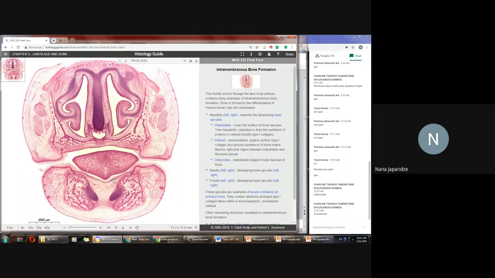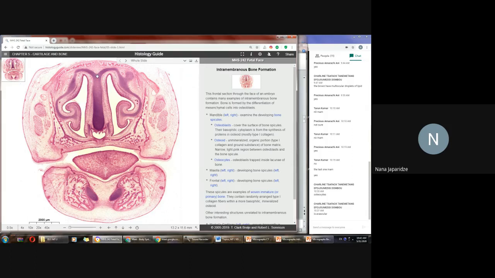And you can see here the osteoblasts. Look, these are layers, spicules of bone, irregularly shaped, okay? Or here, mandible and maxilla, the future mandible and maxilla.